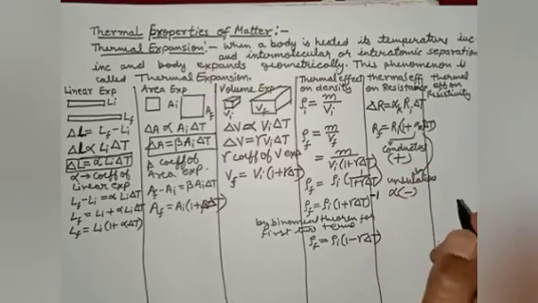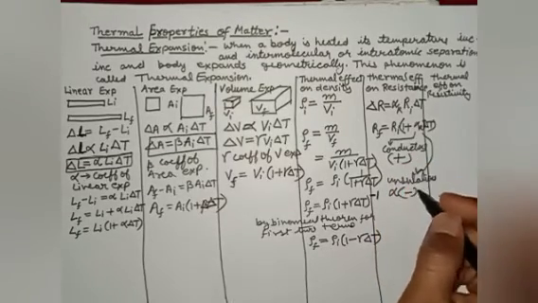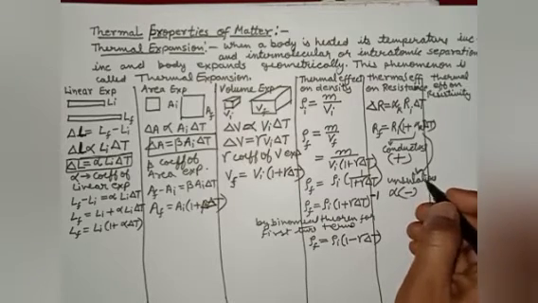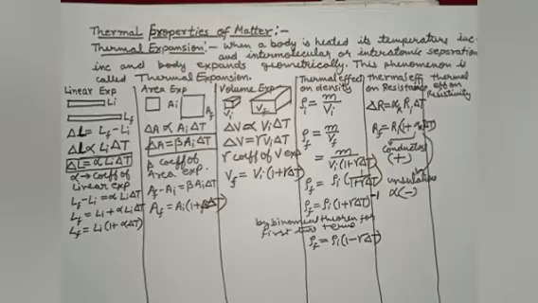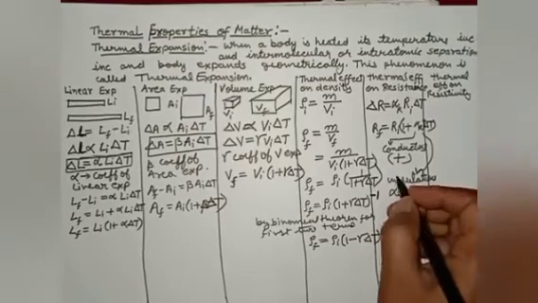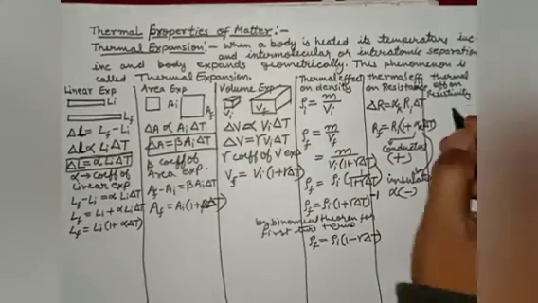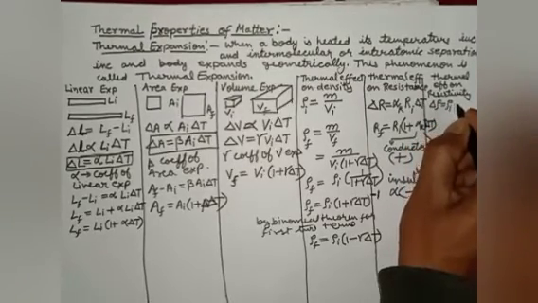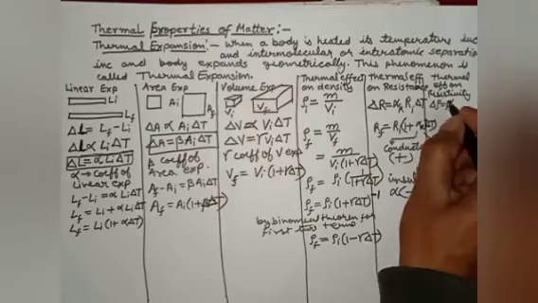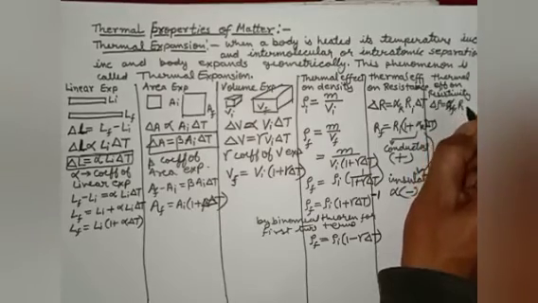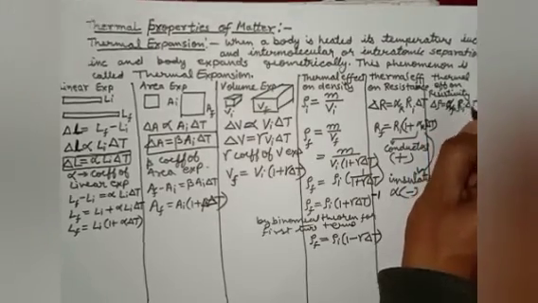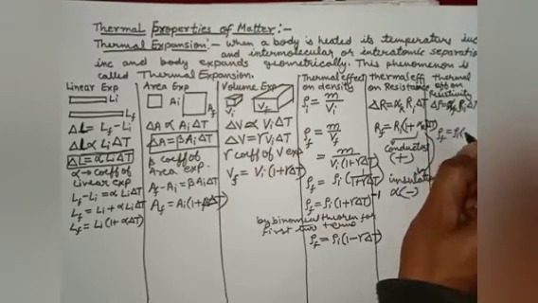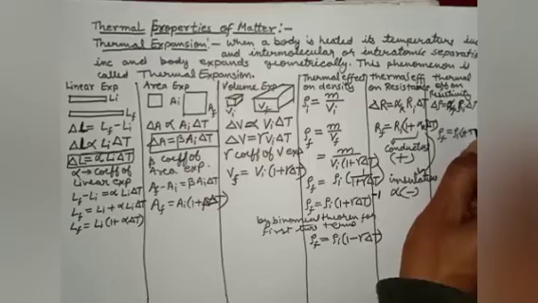So if we increase temperature, resistance decreases in the insulators. And in the same way for resistivity, delta rho is equal to alpha for resistivity times rho I delta T, and rho F is equal to rho I (1 plus alpha delta T).